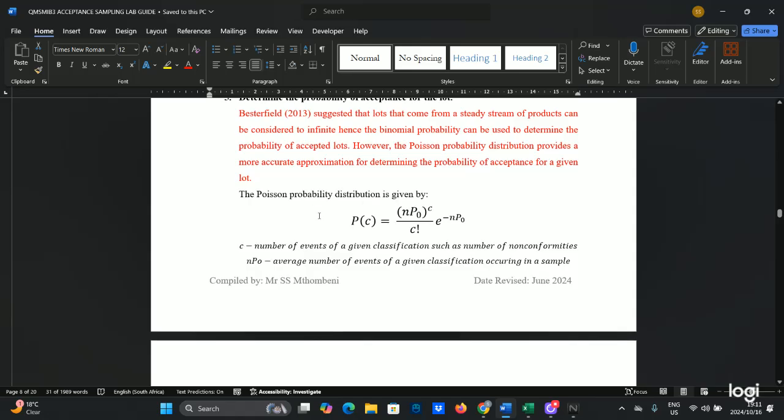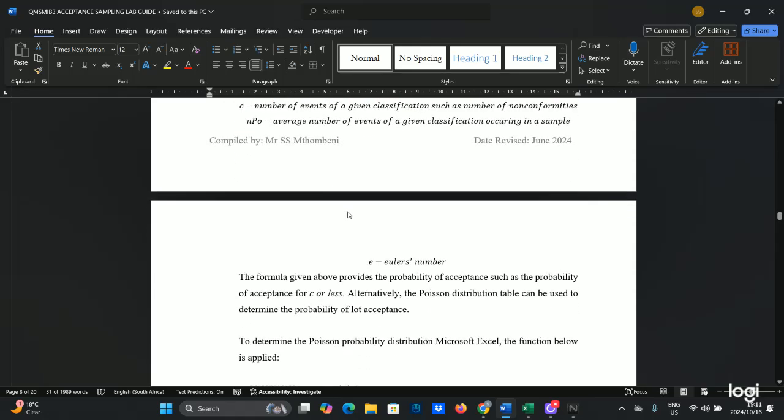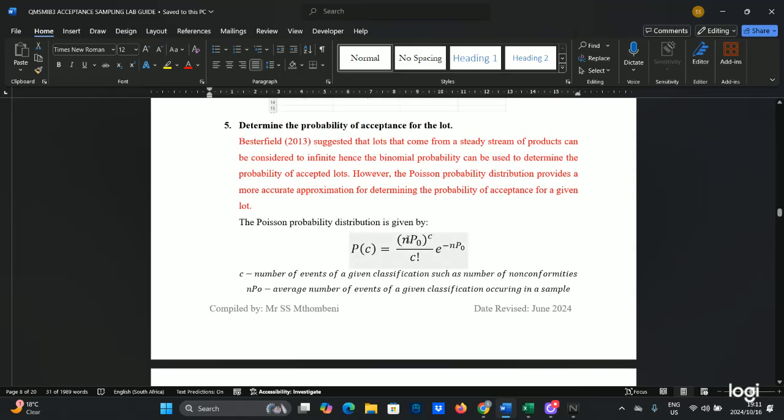This is the formula for the Poisson distribution. For the formula to work, there's this value, NPO, which here is the average number of events for a given classification in a sample. Since we have a sample of 89, it's the proportion of non-conforming that we're expected to find.